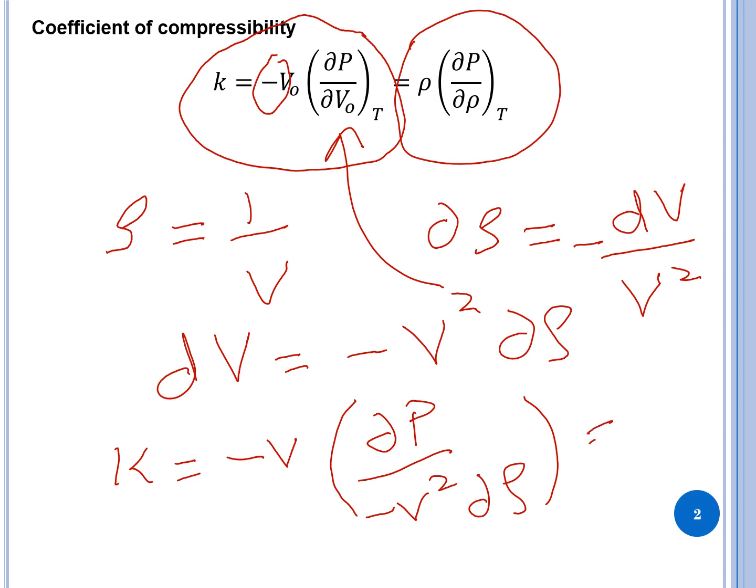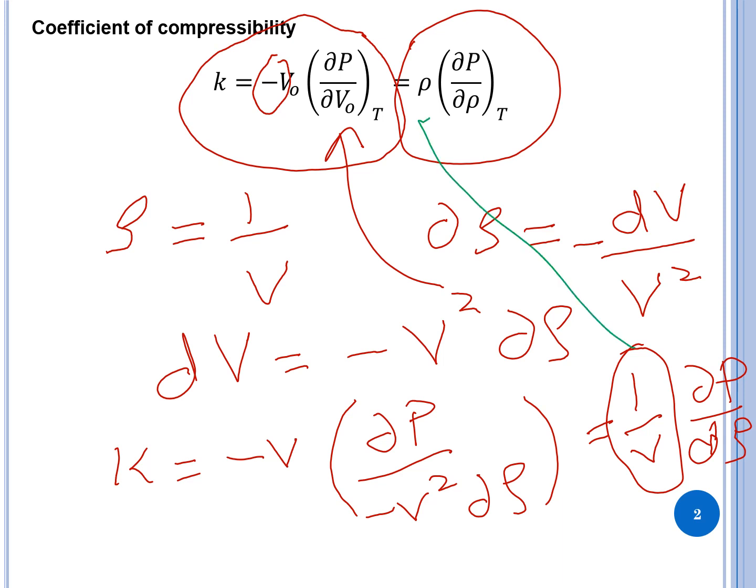Or you can say it becomes 1 over V dP over d rho. And 1 over V is basically rho. So K becomes rho dP over d rho at constant temperature.